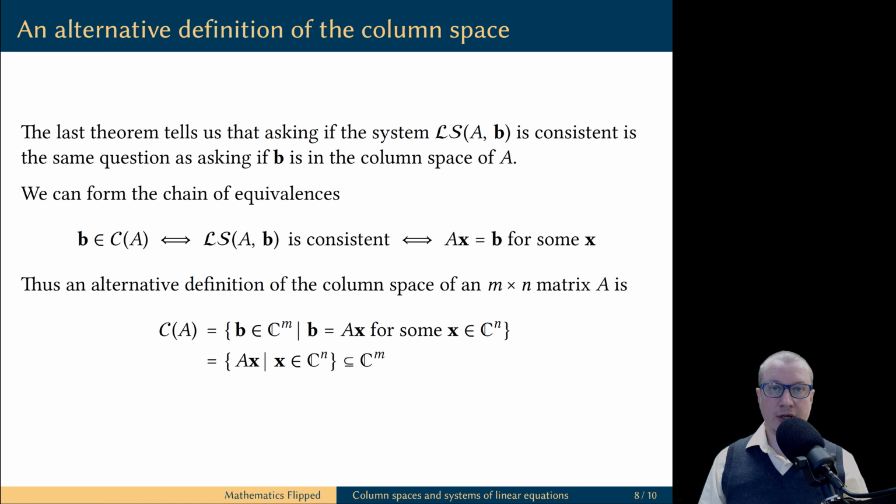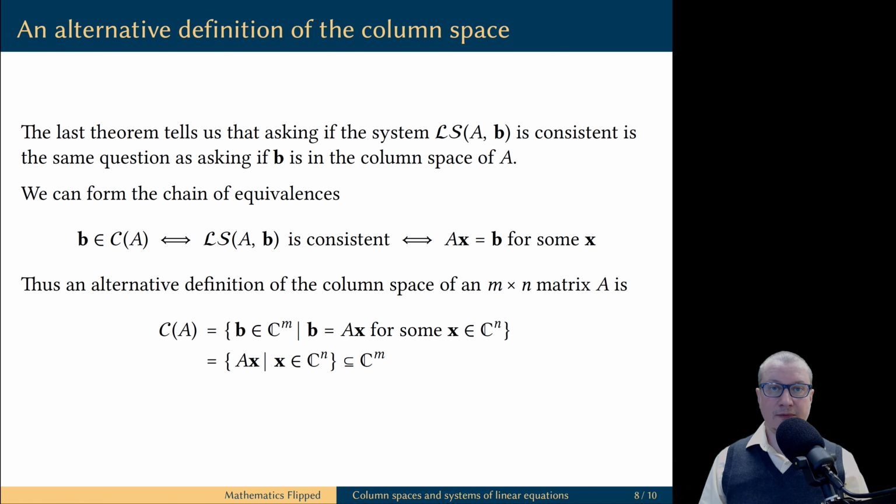So according to this equivalence that we just established, the column space of a matrix A consists of those vectors b which have the property that they're equal to the matrix A multiplied by the vector x for some vector x.